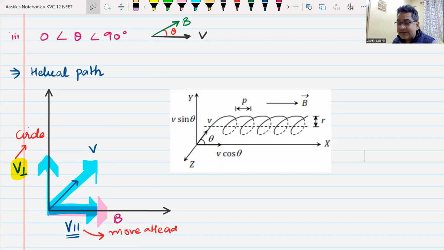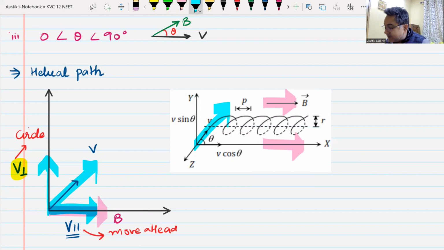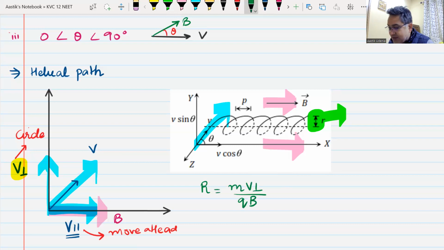Do we understand this? Here what we have drawn is a magnetic field which is going in this direction, and a velocity which is in this direction. The angle is given as theta. So from here you can find out the radius of this circle. The radius r is given by m into v perpendicular divided by qB.